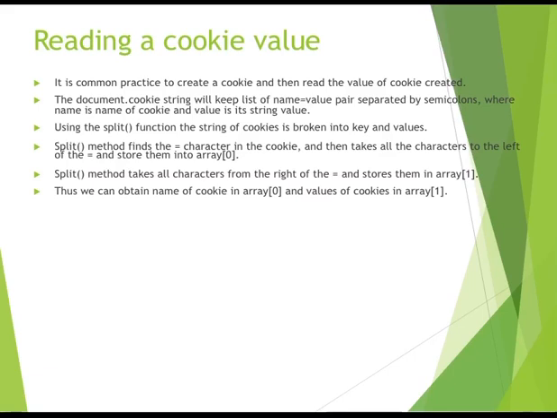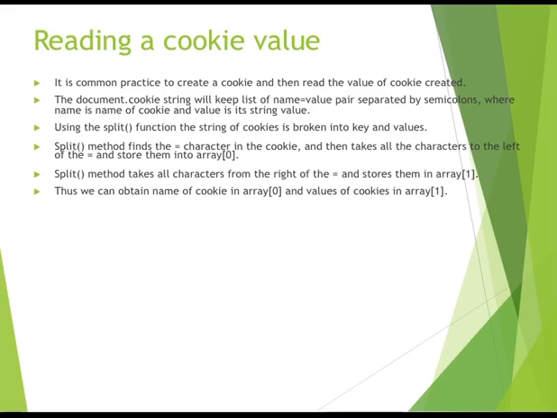So all the list will be stored in the document.cookie string, where it will be split into two: the name of the cookie and its value. Basically, using the split function, the cookies are broken into key and value pairs. There may be many cookies stored in document.cookie, and they are broken into key-value pairs using the split method.